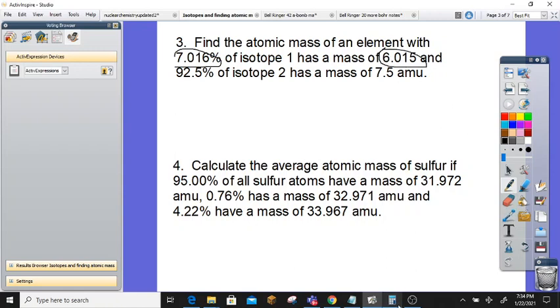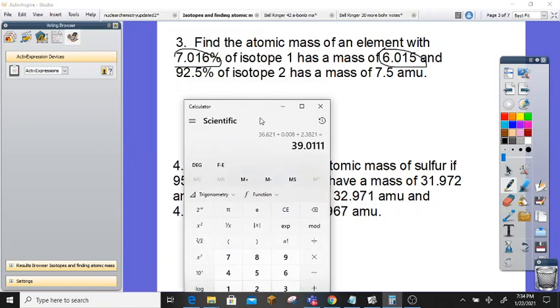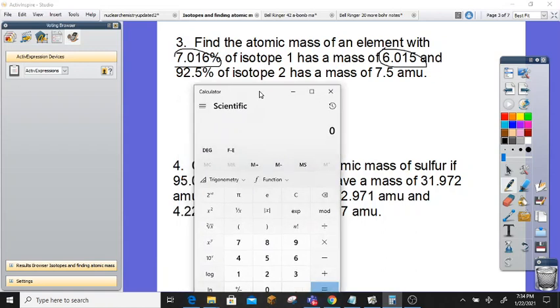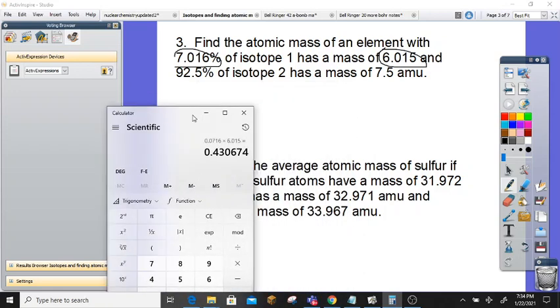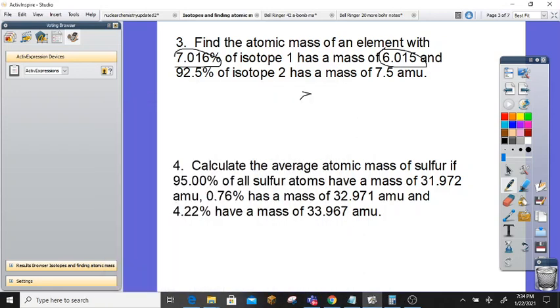I'm going to multiply those numbers there. Nope, that's not right. 0.0716 times 6.015, 0.430. I'll just say 0.430.